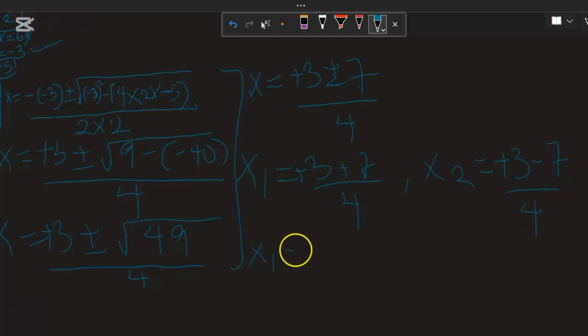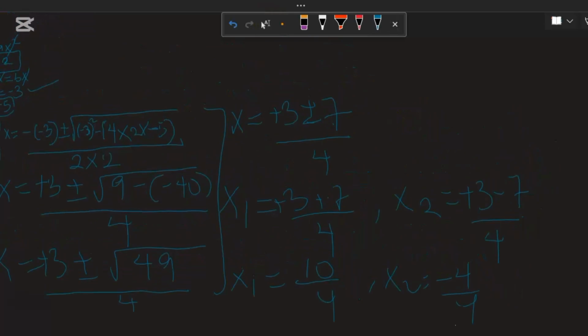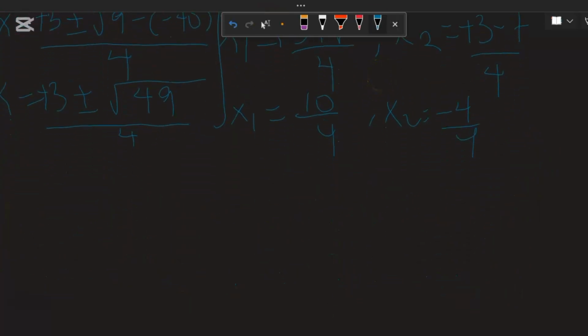So x sub 1 equals, when we simplify this, 10 over 4, and x sub 2 equals negative 4 over 4. We can't leave our answer like this. When we continue solving, x sub 1 is 5 over 2, and x sub 2 equals negative 1. So these are the values of x.